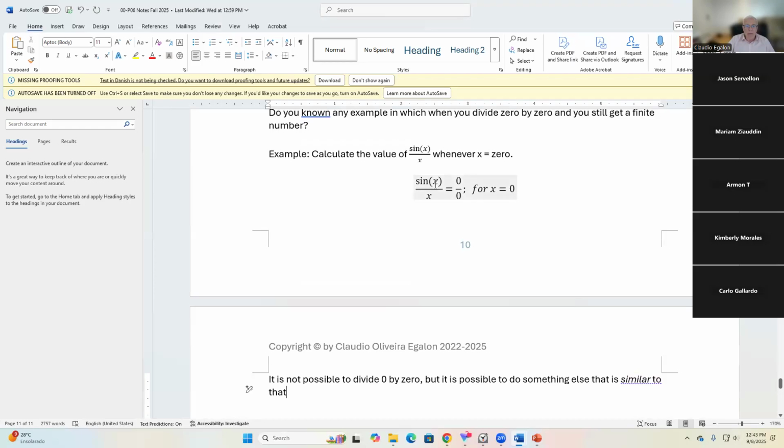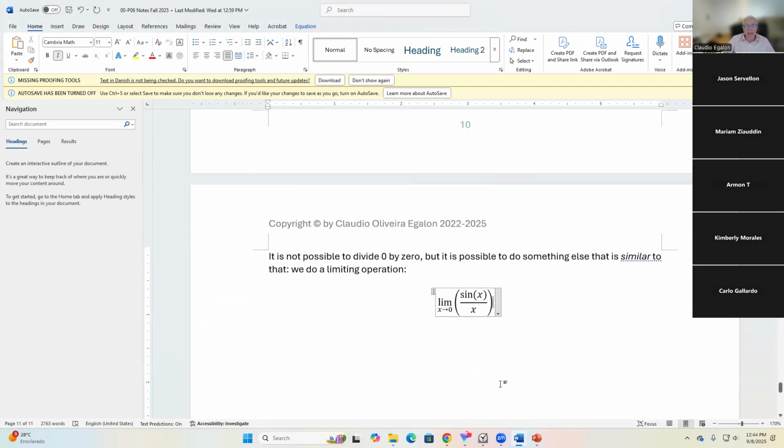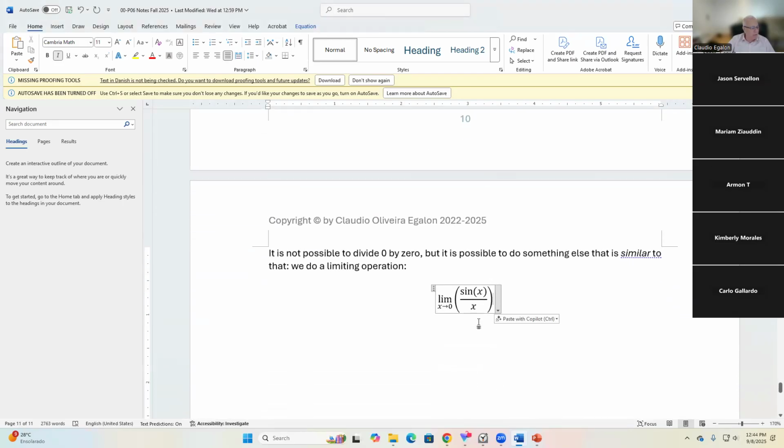When you make x equal to 0 here, sine of 0 is going to be 0, so you have 0 by 0. Similar to that. And what would be similar to that? We do a limiting operation, okay? And by limiting operation, it's something like that. Here you go. We even write that down. Limit as x goes to 0 of sine of x divided by x.